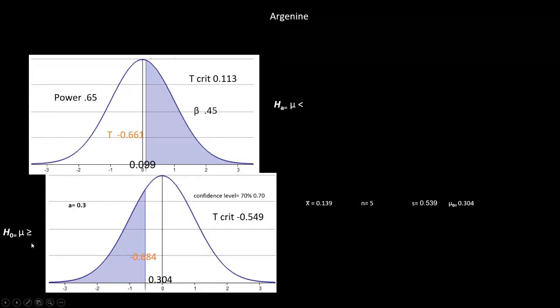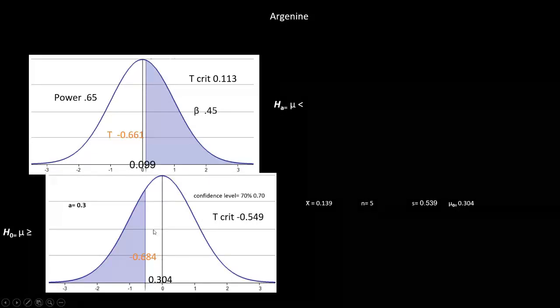Here we have our null hypothesis: the top is our true mean standard slope, and the bottom one is equal or greater than. The top one is less than. Here are the values, and it turns out it's slightly healthy.